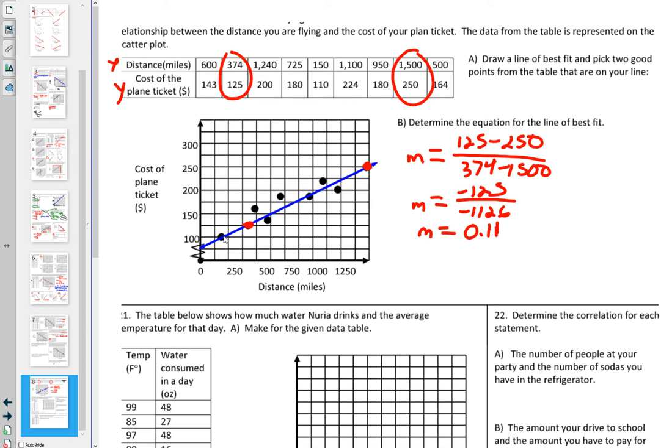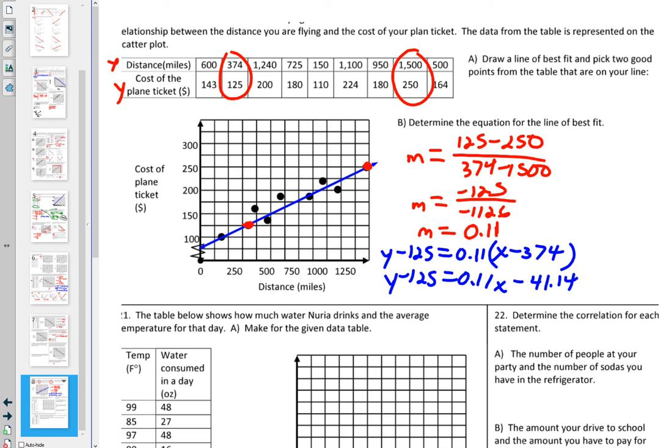Now pick a point. I'll just stick with a smaller one, the 374 one. So y minus 125 is equal to 0.11 times x minus 374. Y minus 125 is equal to 0.11x minus 41.14, plus 125.